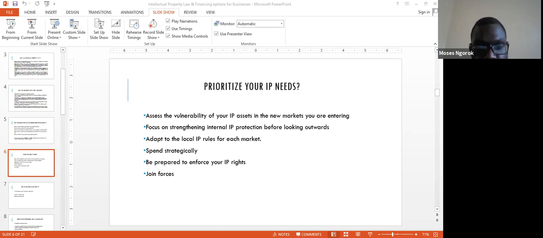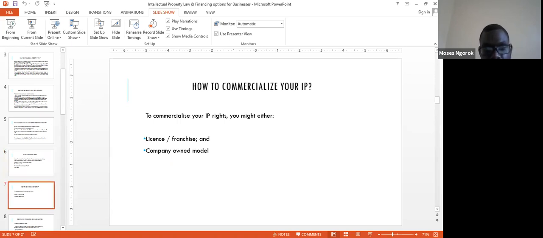we'll look at the next thing, which is, okay, so now that you have your intellectual property registered, what do you do about it? It'd be nice to commercialize it if that's your business model. How do you commercialize it? You can either license it, that is, you draw up a contract with whoever needs to use your intellectual property, and that contract sets out the terms and conditions of use, which include the payment terms.